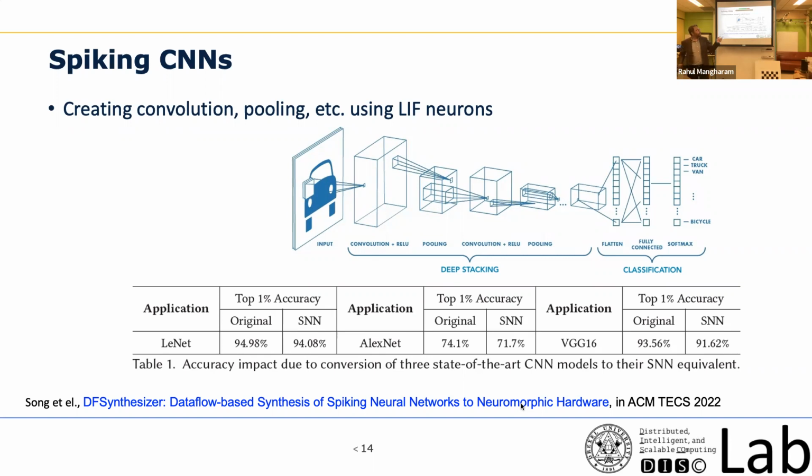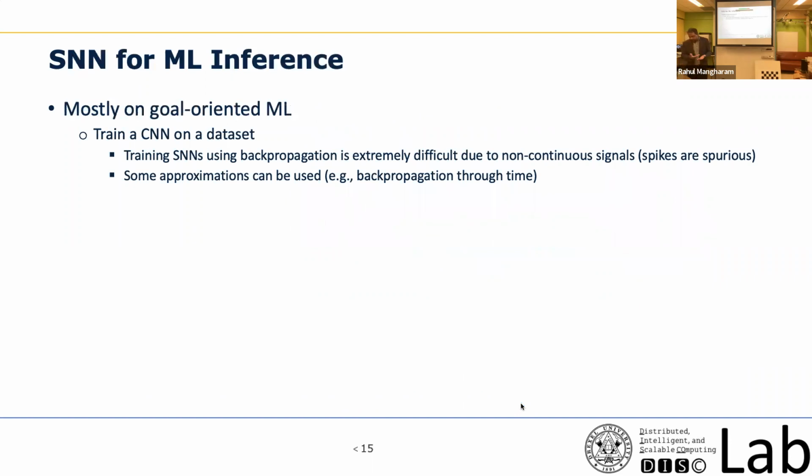So this is just one example where I showed that a CNN can be converted into an SNN, and every type of operation can be converted into an equivalent operation in the spiking domain. Typically, most of the research is on goal-oriented machine learning, where you train a CNN on a particular database, because training SNNs is difficult due to the non-continuous signals, where you cannot really differentiate the loss functions.